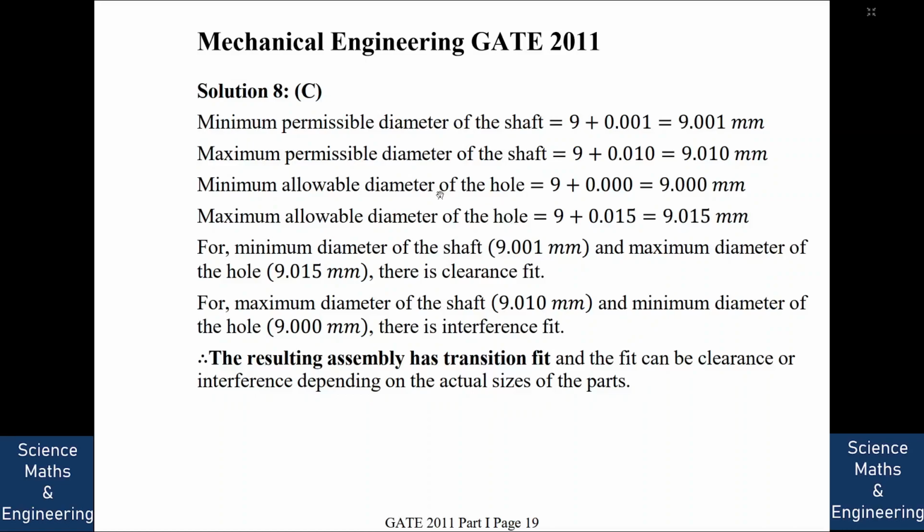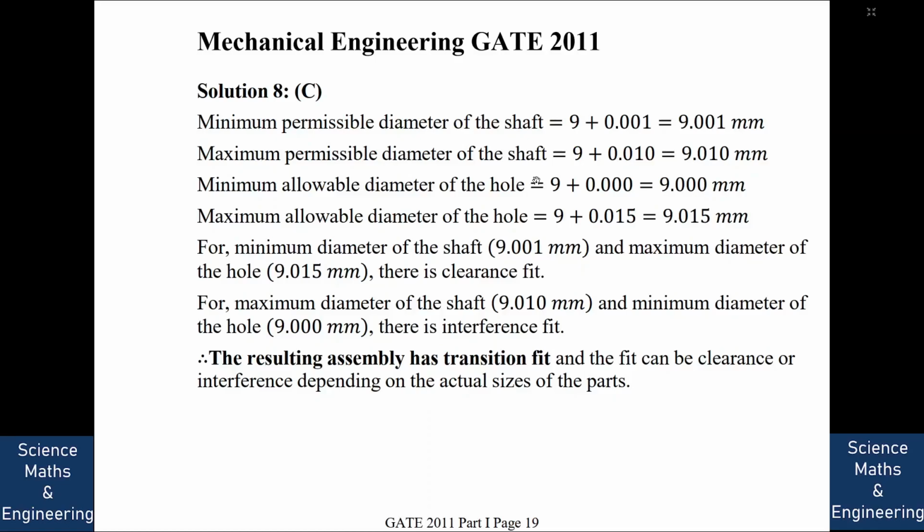However, if we have the maximum diameter of the shaft, that is 9.010, and the minimum diameter of the hole, that is 9, then what we can see is that the shaft is bigger than the hole. However, this is not so big, so we may have this fit, but we have to apply some force or pressure. So this kind of fitting is known as interference fit.